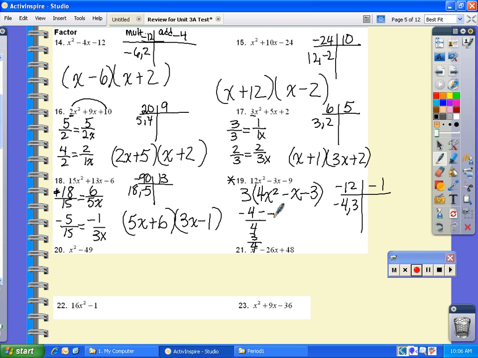Simplify them. I'm going to be left with negative 1 over 1, and still keeping that 3 over 4, but the bottom number gets the variable. So now I have 3 times x minus 1 times 4x plus 3.